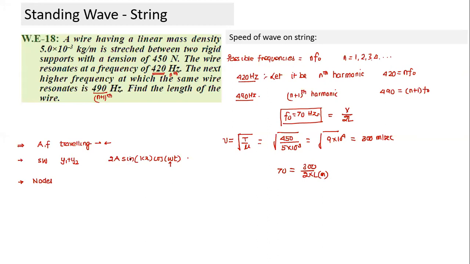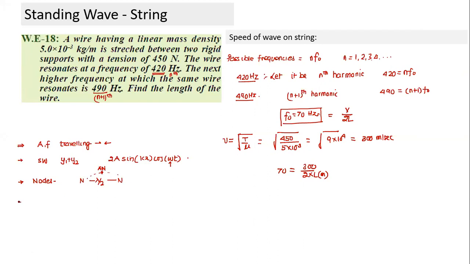There are some points where the amplitude is 0. Those points are called nodes, and the distance between two successive nodes is lambda by 2. The midpoint between two nodes has the maximum amplitude of oscillation, called the antinode. The distance between an antinode and a node is lambda by 4.